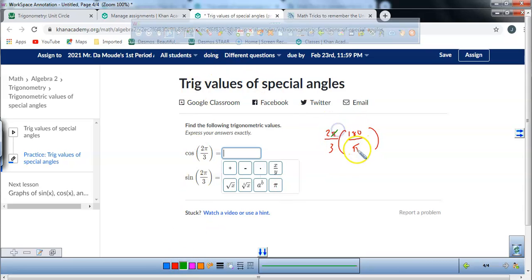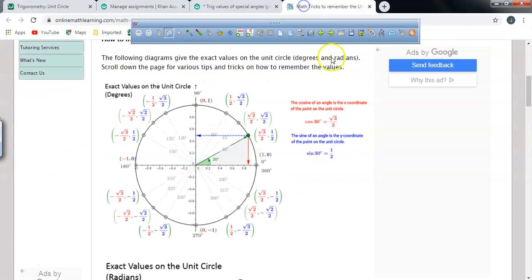These pi's would cancel out. 3 goes into 180 a total of 60 times. 2 times 60 is 120. So this is the same as saying, what is the cosine of 120 degrees, and what's the sine of 120 degrees? So where would that put us on the unit circle? Put us right, let's see here, right here.